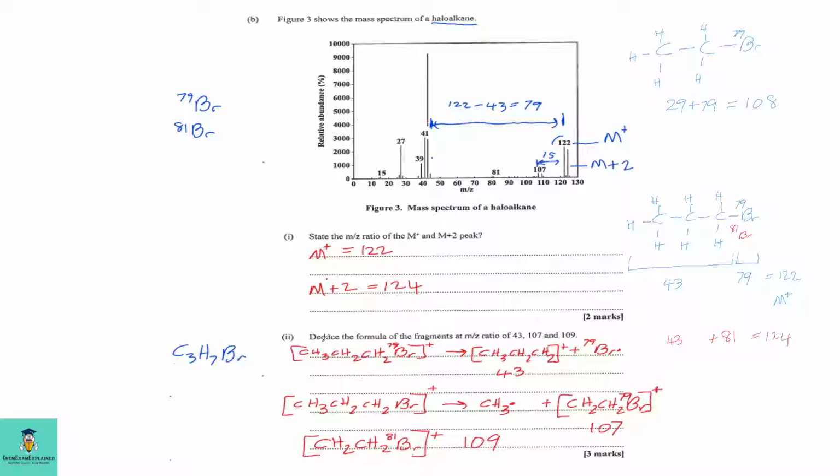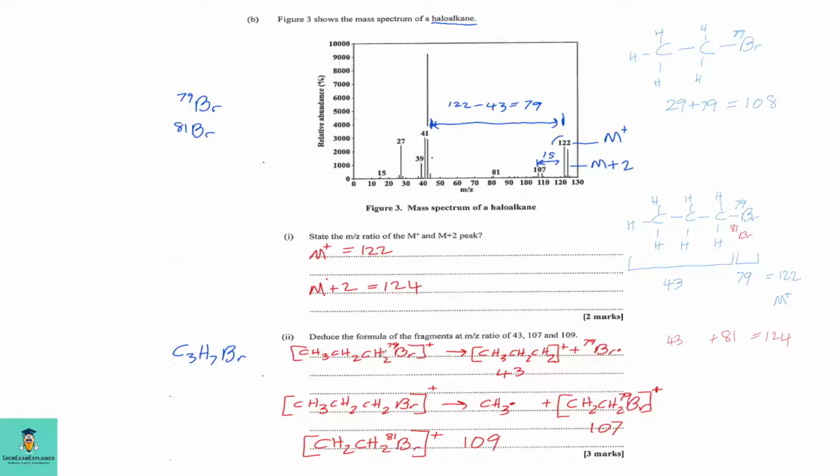So in order for us to deduce the formula of the fragments, we have to start with our molecular ion, which is CH3, CH2, CH2, Br 79.